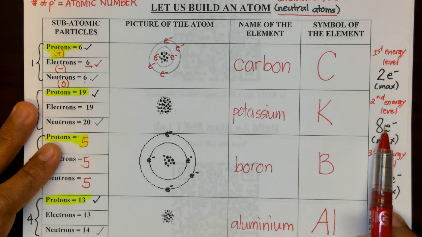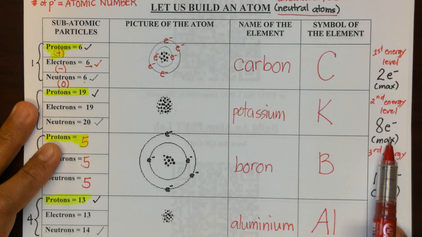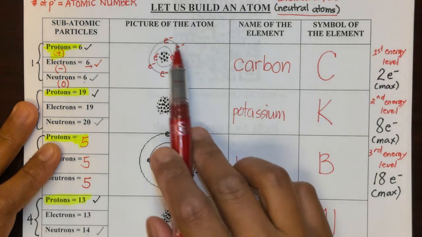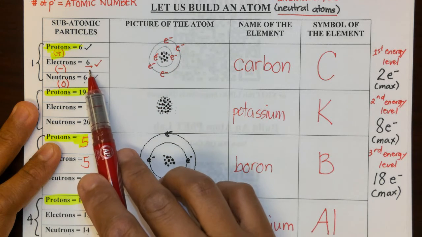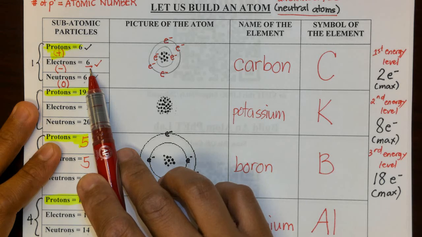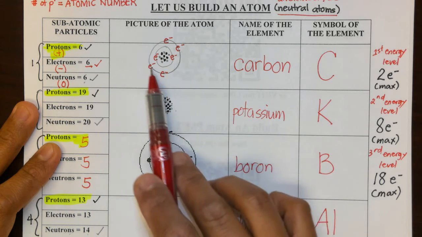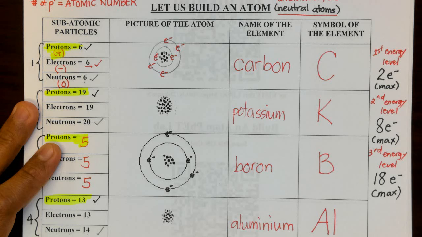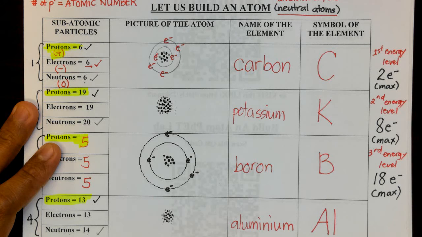If you look at the second energy level, 8 is the max, but I only draw 4 because I have to stick with 6. So I have to make sure that I have 6 all in all in this drawing. Any questions about carbon?